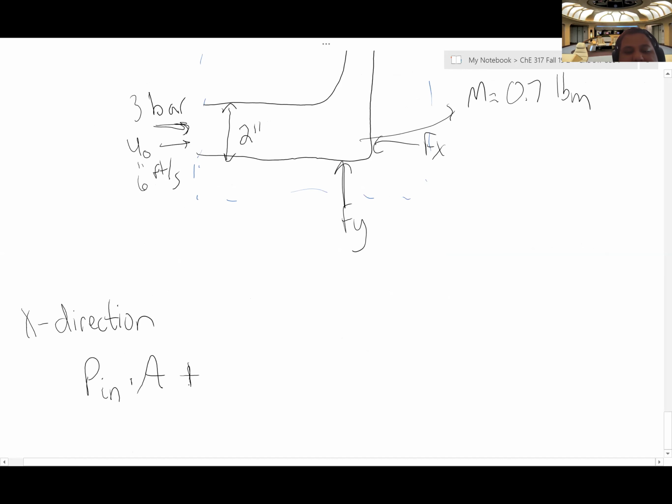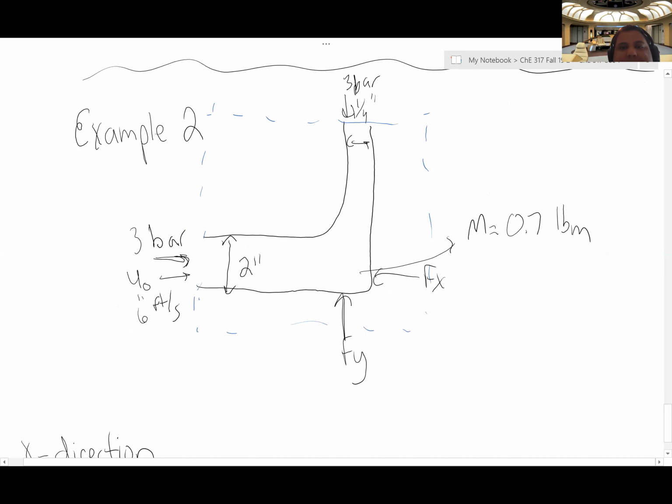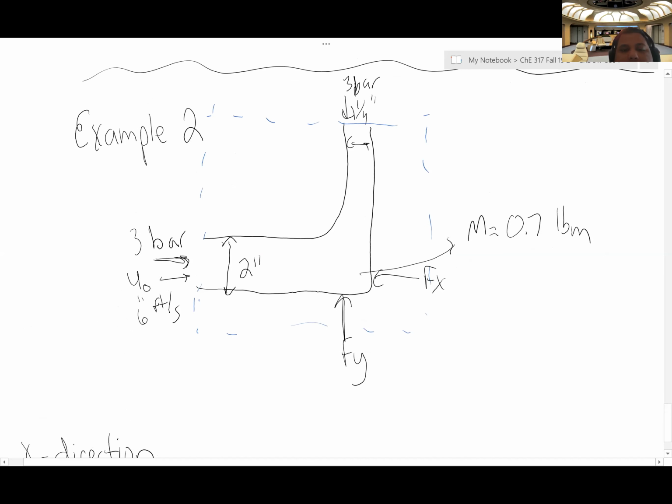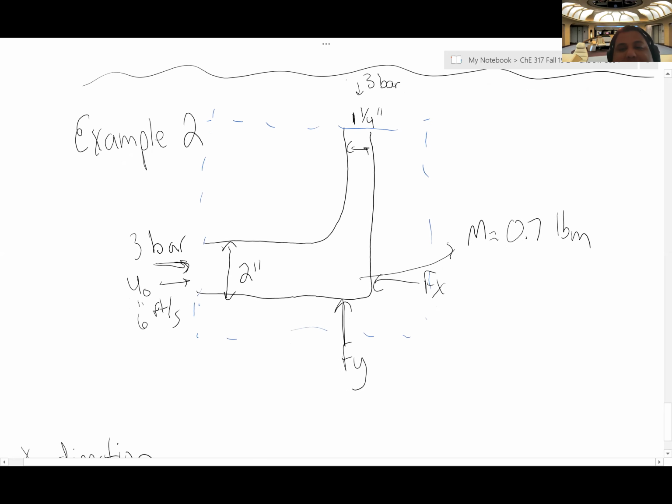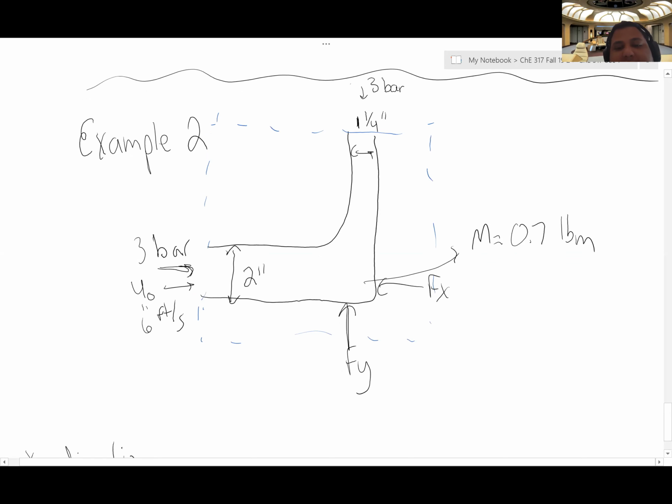What else do I have in this system? Here, I'll try to clean this up. This does look disgusting. Is there any other forces or momentum carriers involved?